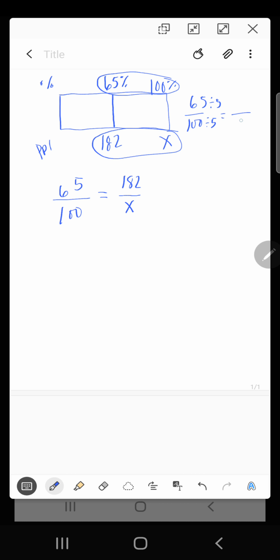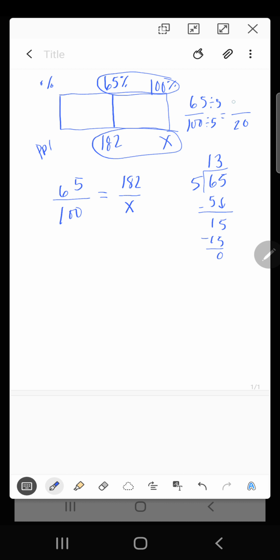I know that 100 divided by 5 is 20. 65 divided by 5: 5 can go into 6 one time. 1 times 5 is 5. Subtract, bring down your 5. 5 can go into 15, 3 times 5 is 15.